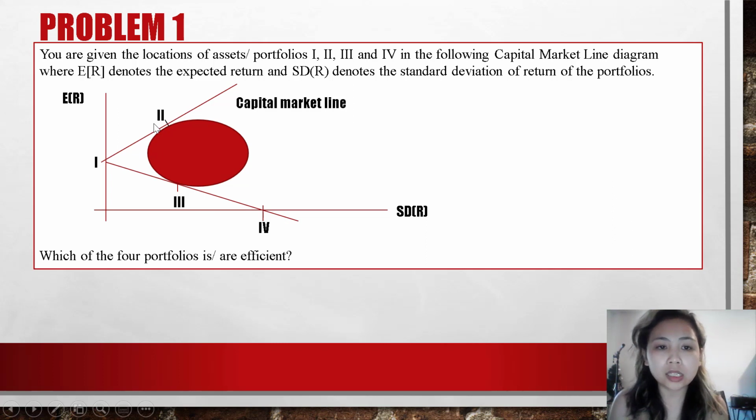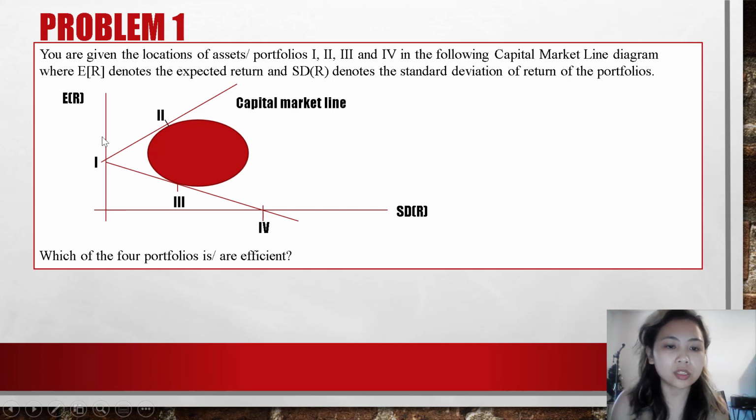Here it's very easy to recognize efficient portfolios. Wherever a portfolio lies on the capital market line is efficient, so 1 and 2 are efficient portfolios, and 3 and 4 are inefficient. By the way, just want to recall that 1 is the risk-free asset, or RF, with no risk.